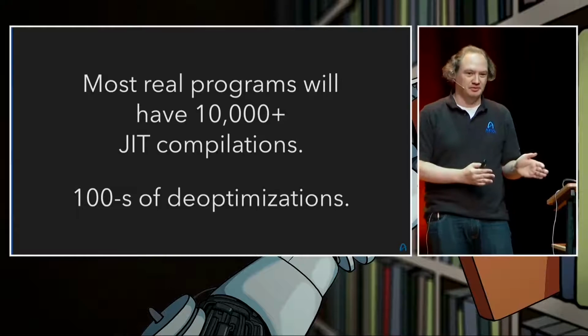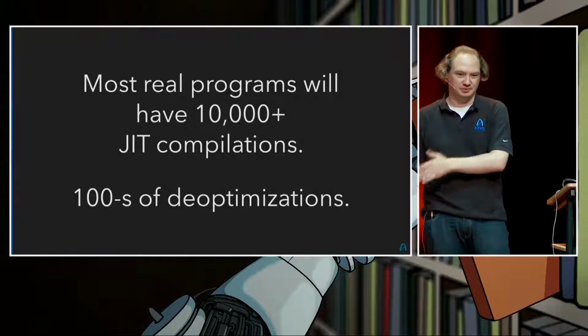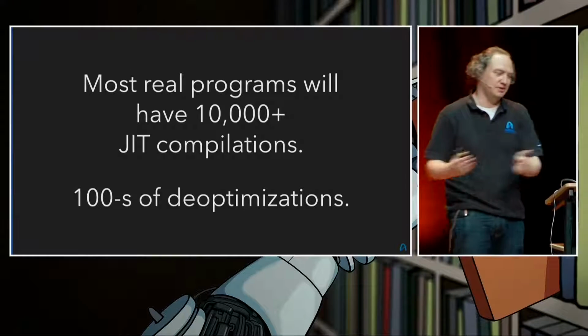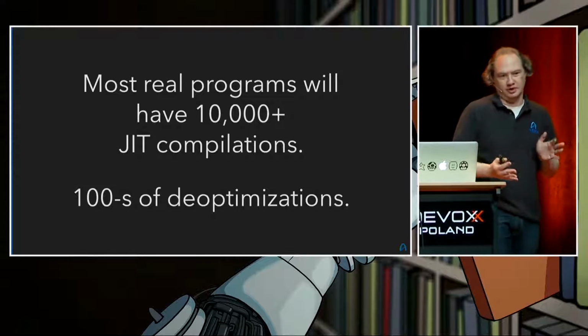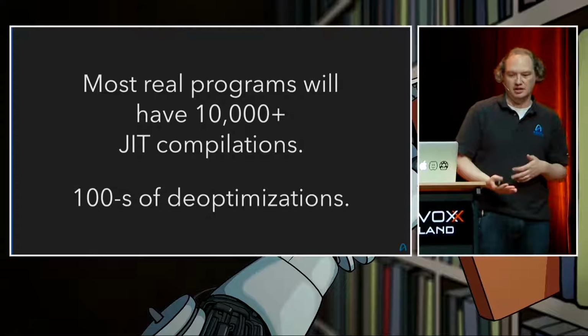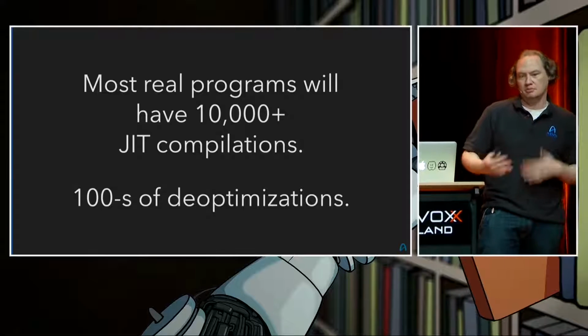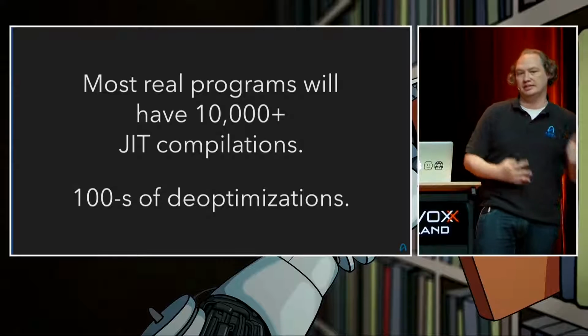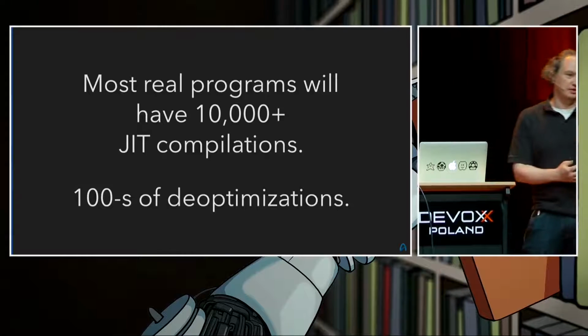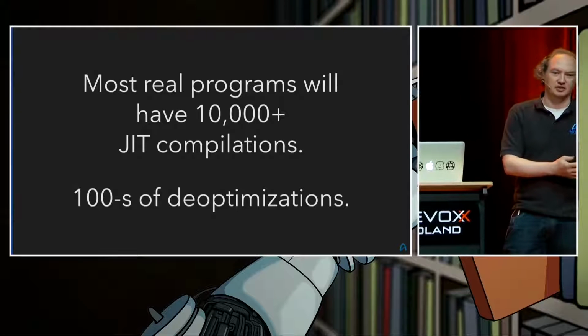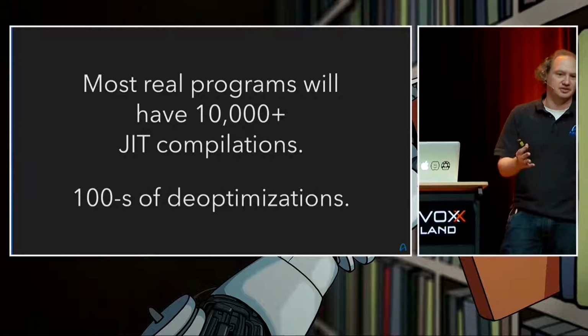So you've got to find them if you actually care about the performance. That's a bit of a challenge. And there's actually hundreds of deoptimizations as well. We'll throw away compilations, not just because we're moving to a higher tier, but because we made some speculation and it didn't work out. And again, the only ones that matter are the ones that affect your hot methods. So it's like one deoptimization out of hundreds might be important.